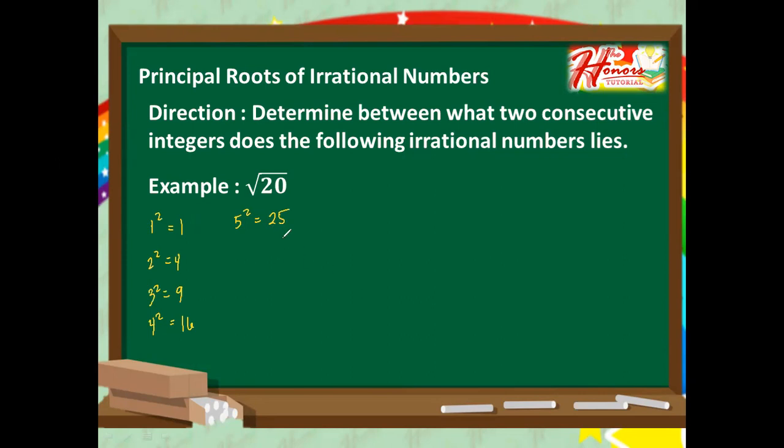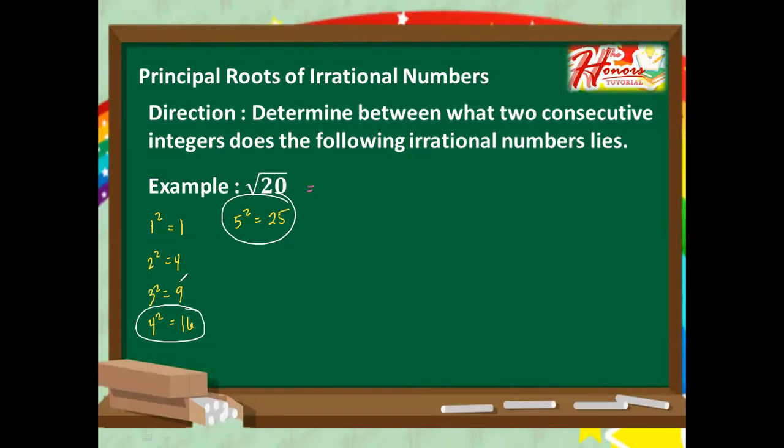So we are going to use the numbers which are nearest to the square root of 20, and that is 16 and 25. Because the square root of 20 is in between 16 and 25.